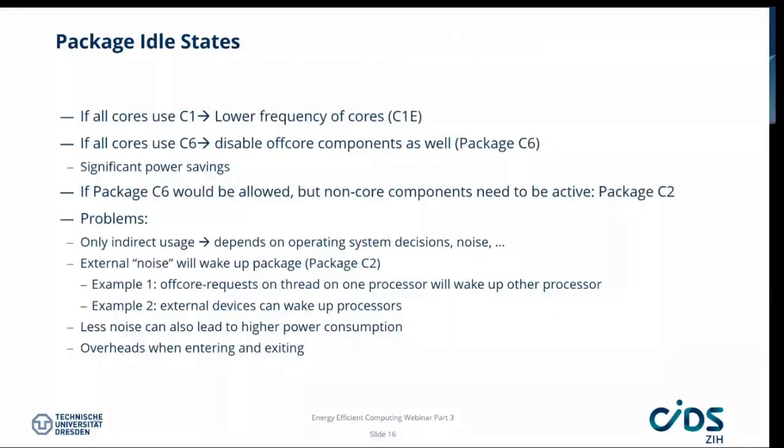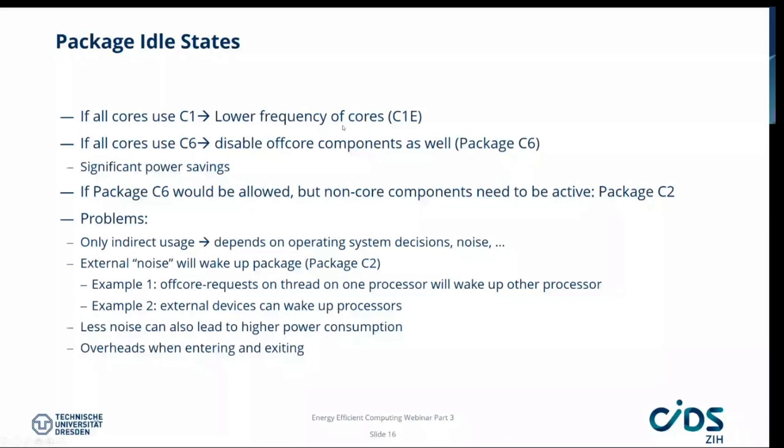I will not talk that long about package idle states, because that will also be an issue that Thomas will talk about later on. It's just that if you use the C1 idle state, so we talked about idle states earlier, if all cores go into C1 or deeper, then we can see that the frequency of the cores will be reduced. You can disable that by changing one entry in an MSR, and I think there's also a sysfs entry for that.